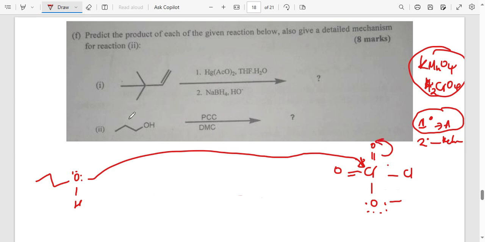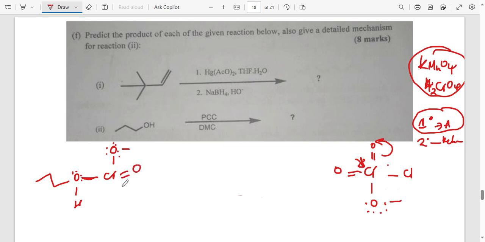So this oxygen will come and attach here. I've got Cr; this becomes a single bond. And then we also have a double bond with oxygen, don't forget that. We also have a chlorine, and another single bond with oxygen. Single bonds have a negative charge.